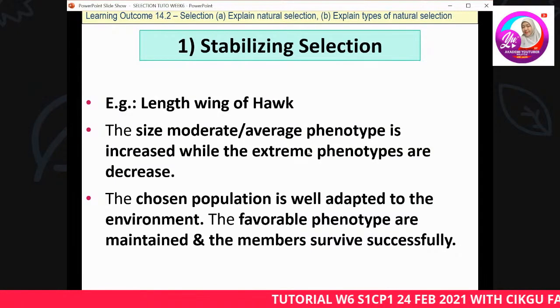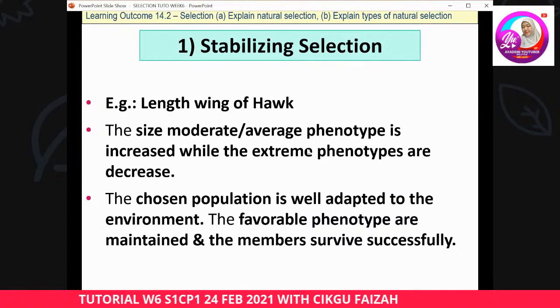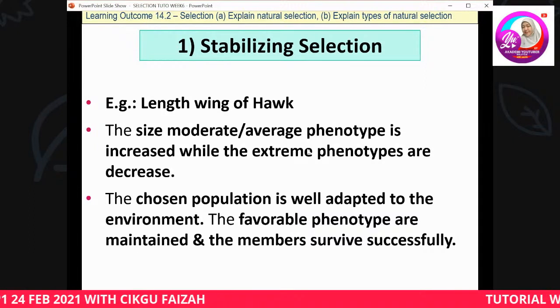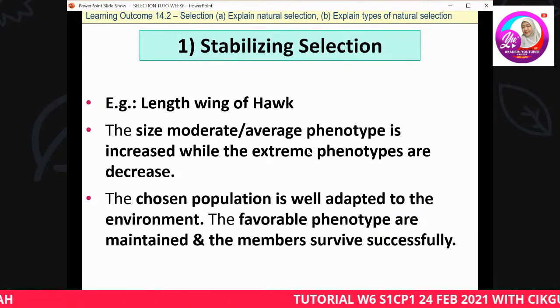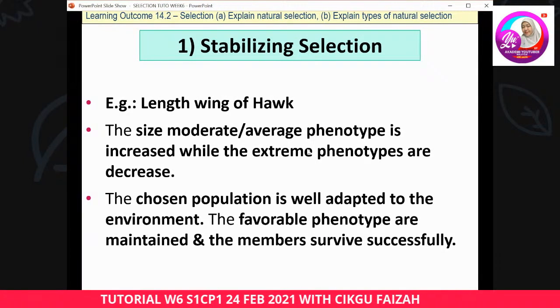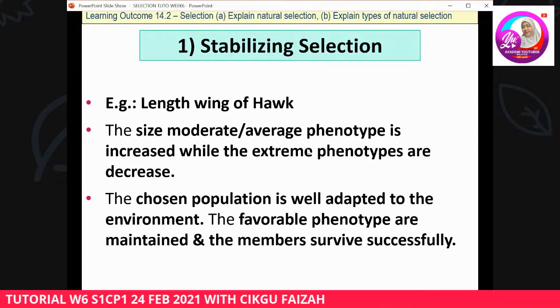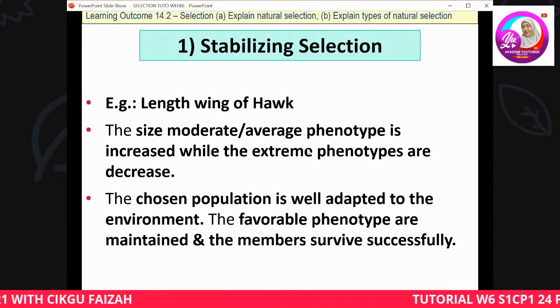In our syllabus, there are a lot of examples, but in our syllabus, turn to page 78, we choose the wing length of hawks, of eagles. Scientists have already studied the wing length of hawks.